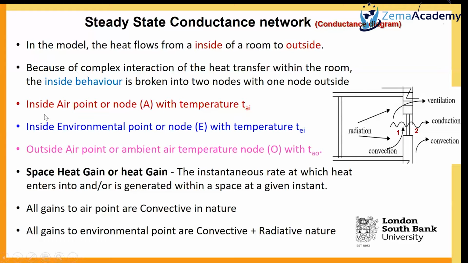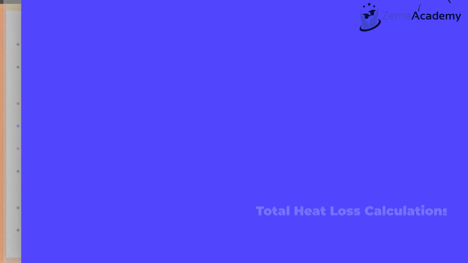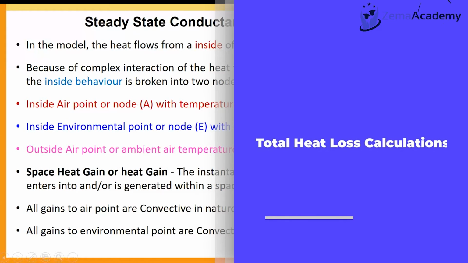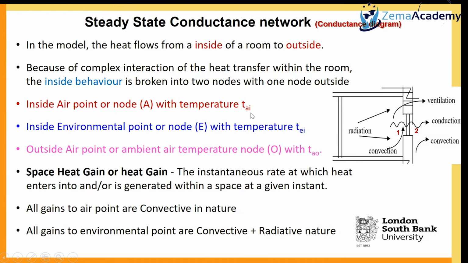The first node is called inside air point or node A. This node has got a temperature which is TAI. The temperature is inside air temperature, and now you can see why it is called air point, because the temperature at this node is inside air temperature.